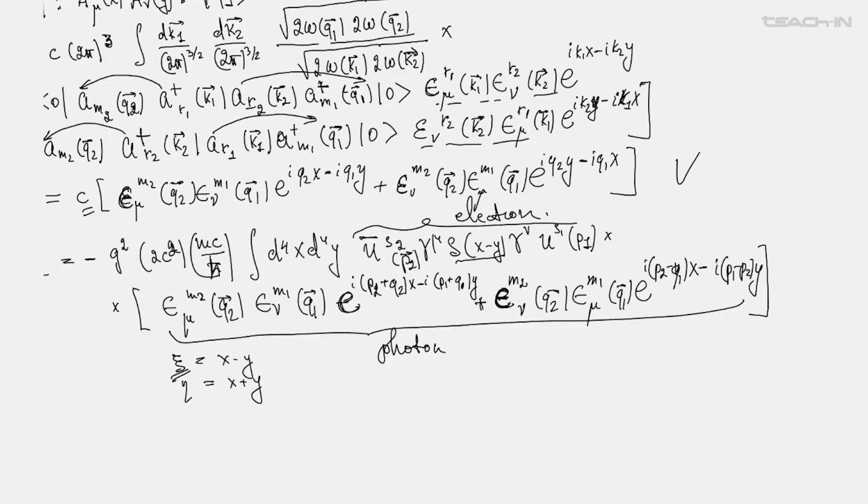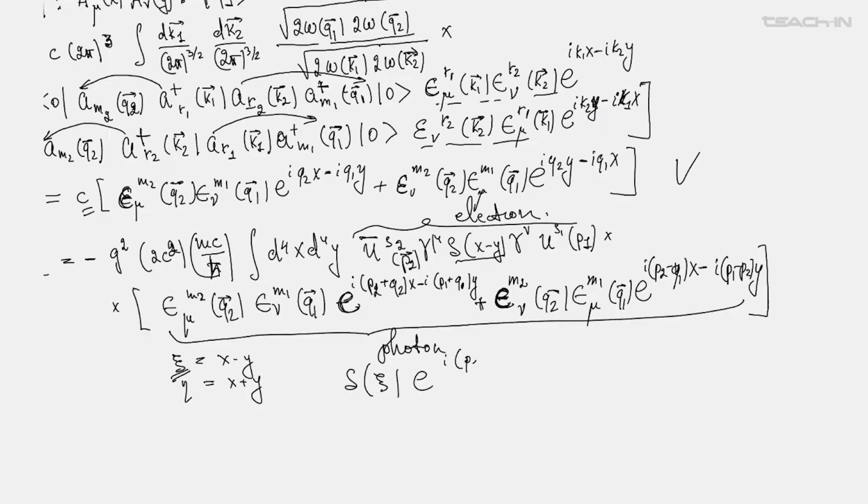And then you see that you can perform integration over xi and over eta in a very efficient way, because integration over xi will just produce the Fourier image of the fermion propagator, S of xi. Roughly speaking, you will have S of xi multiplied by some exponential, which in one case will contain P1 plus Q1 multiplied by xi.